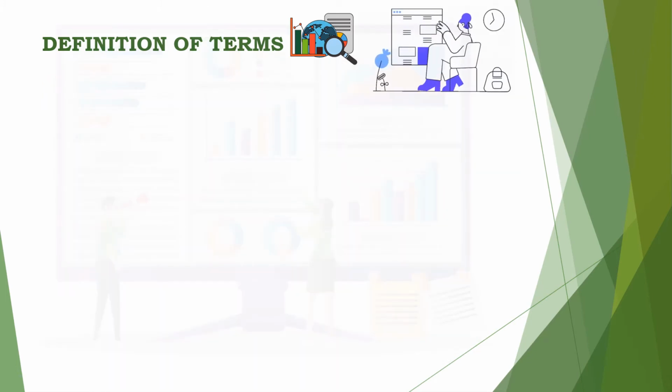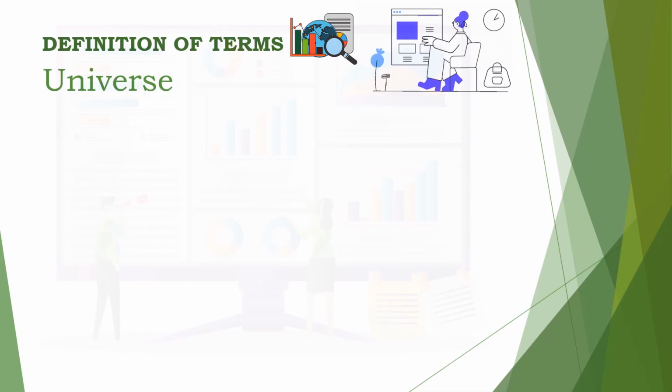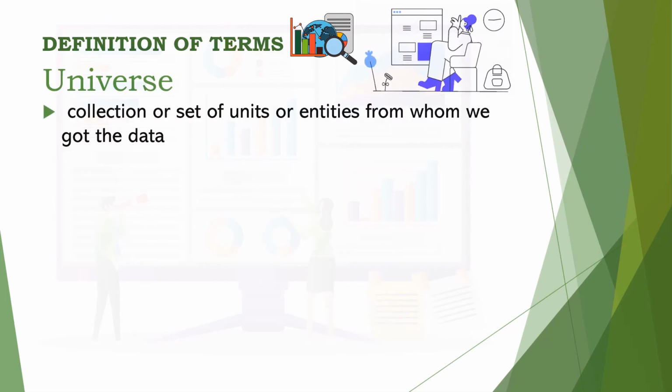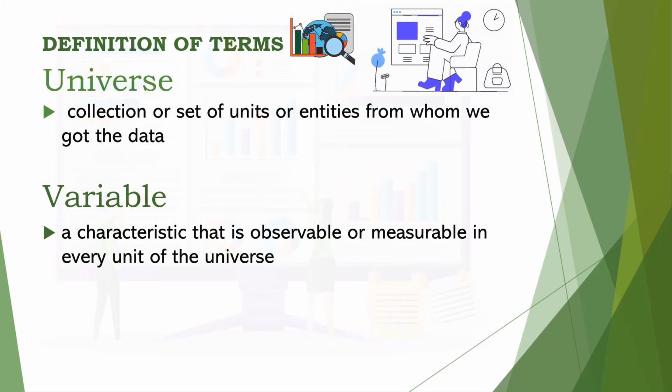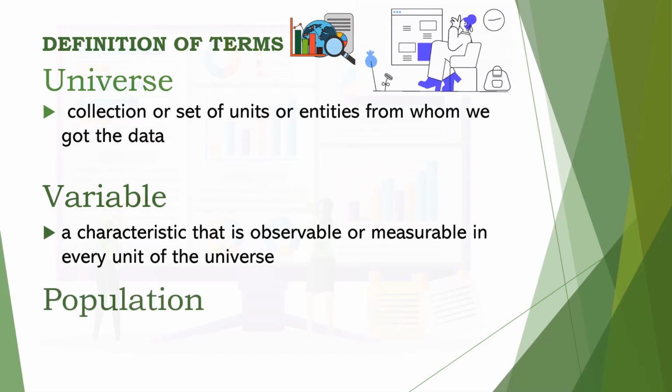Okay, another term. Universe. It is a collection or set of units or entities from whom we got the data. Variable. It is a characteristic that is observable or measurable in every unit of the universe. Population.